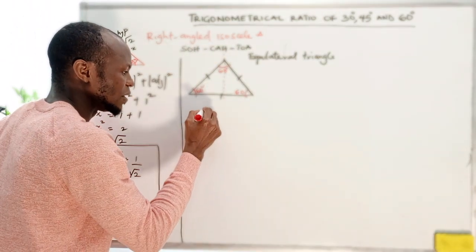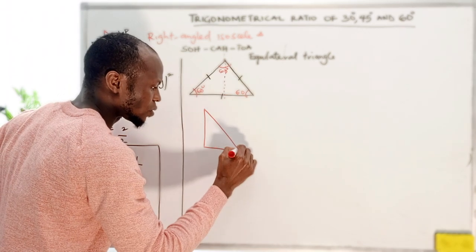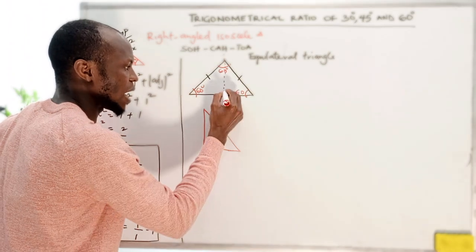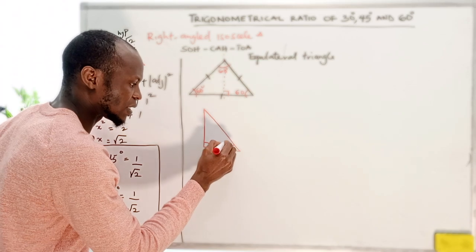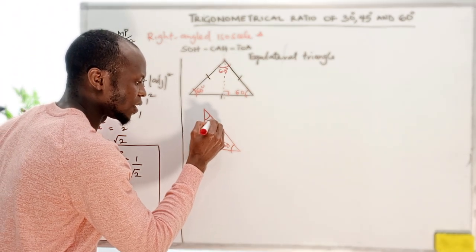Automatically, I have this triangle on the board. Okay, don't forget, anytime when you bisect a line, you have a right angle. Automatically, this is 60 degree and this will be 30 degree.